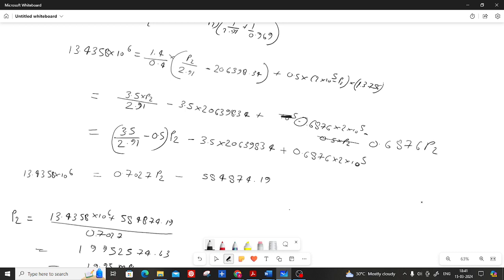So here it will be 3.5. Yeah, now I think we should get the correct answer. Minus 3.5 into 206398.34 plus 0.6876 into 2 into 10 to the power 5.